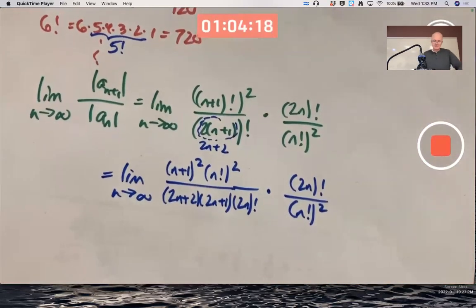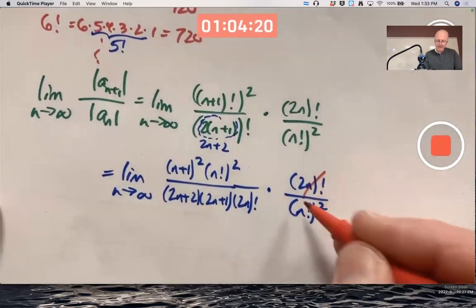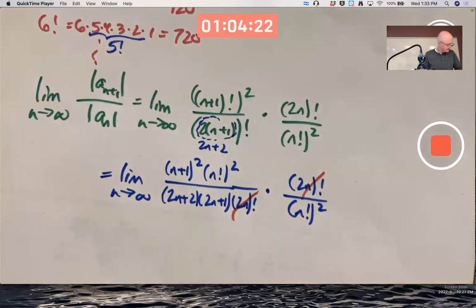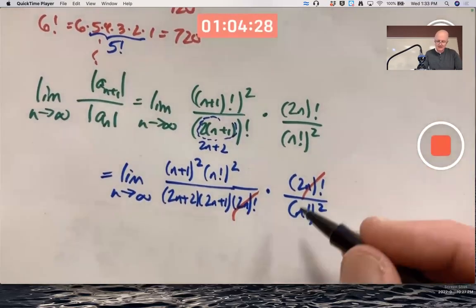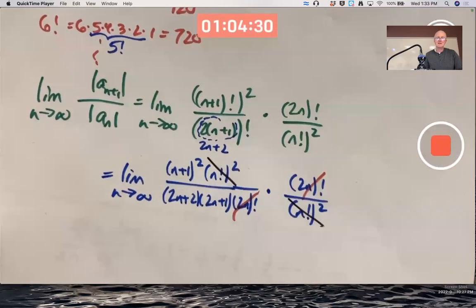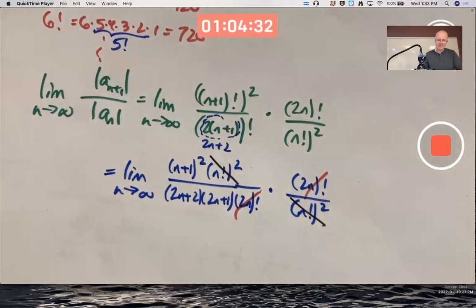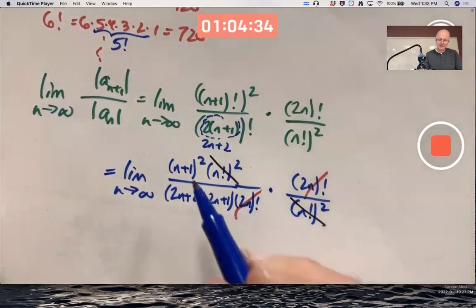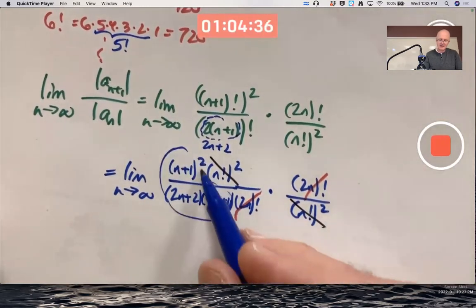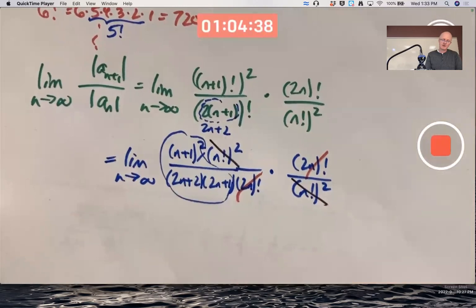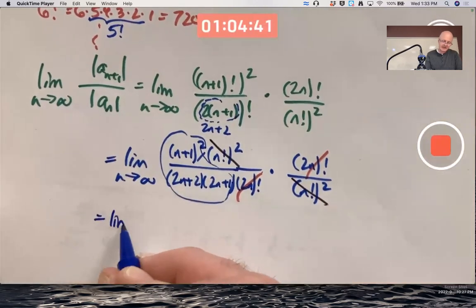And then stuff cancels. That cancels with that. This cancels with that. And we're left with the limit of this thing, which is a rational function where the top and the bottom have the same degree.